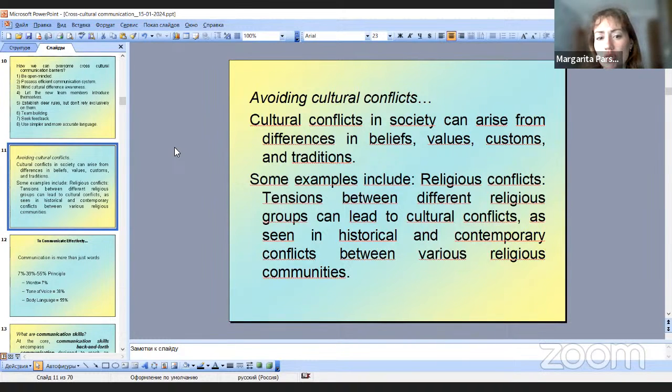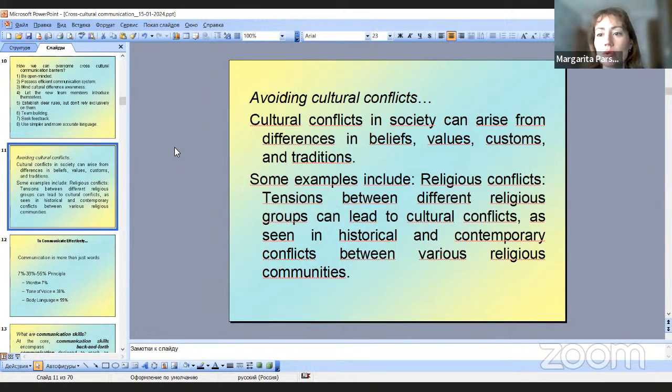It can be religious conflicts: tension between different religious groups can lead to cultural conflicts, historical and contemporary, between various religious communities. So to avoid conflicts, of course, I need to understand other people and accept them as they are.